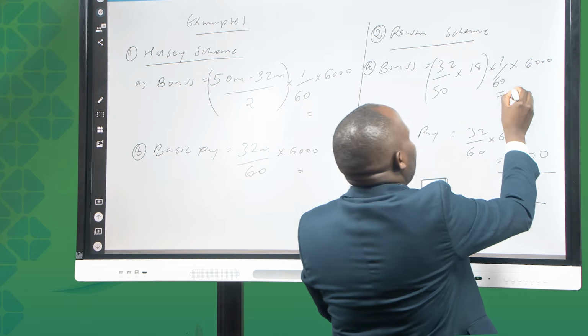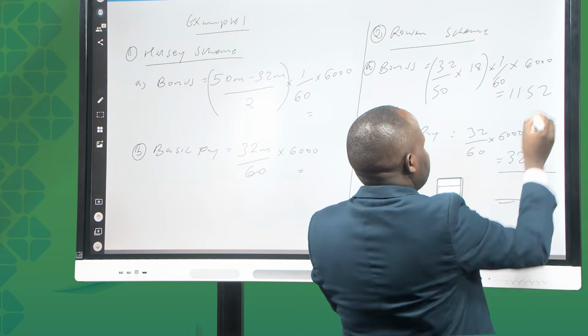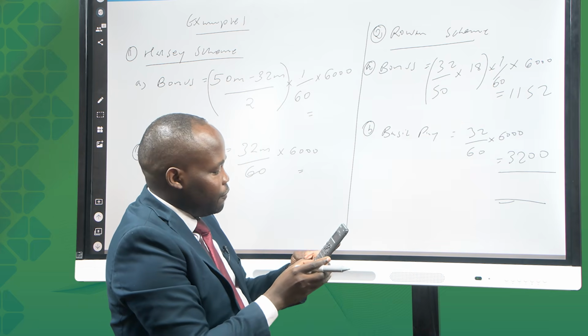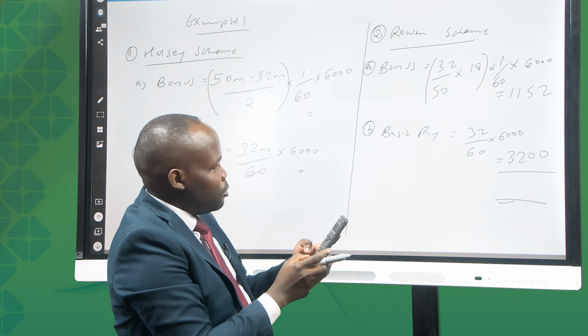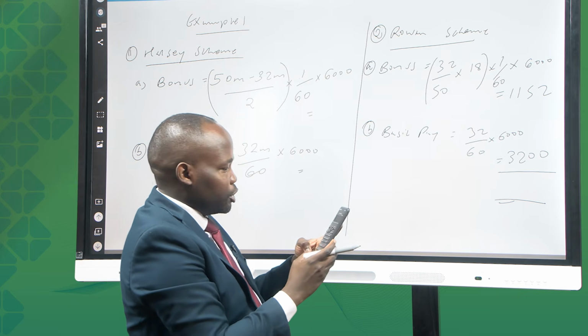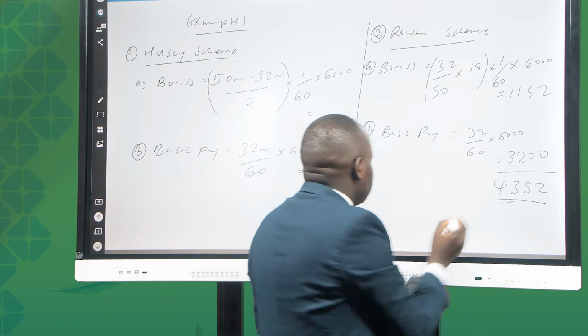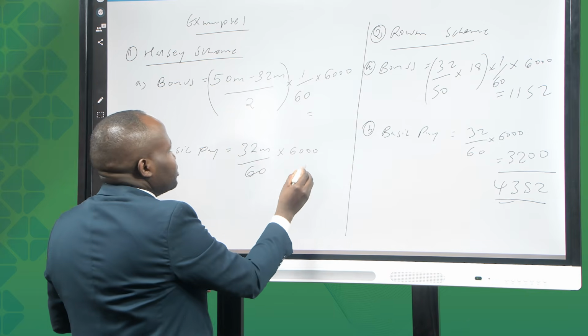It gives us 1152. So what is the total pay of this person? The bonus is 1152 plus the basic pay is 3,200. So that gives you 4352.